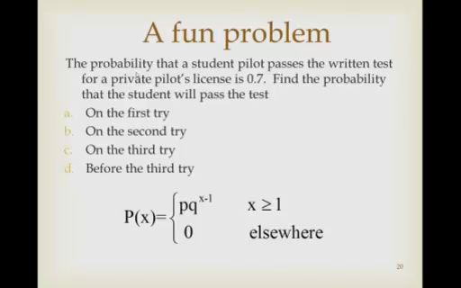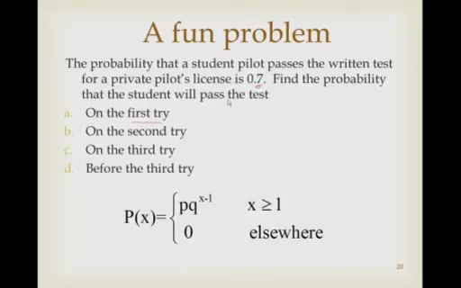The probability, for example, that a student is going to pass a written test for a private pilot's license is 0.7. Probably if it was me, it'd be like 0.2, maybe less. You don't want me to pilot your plane. Find the probability that a student will pass the test on the first try.